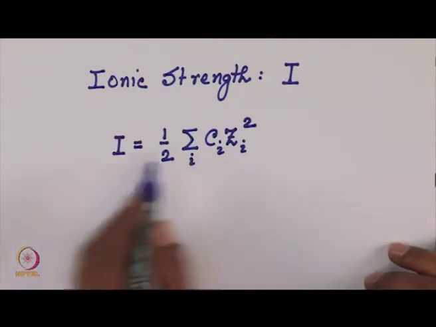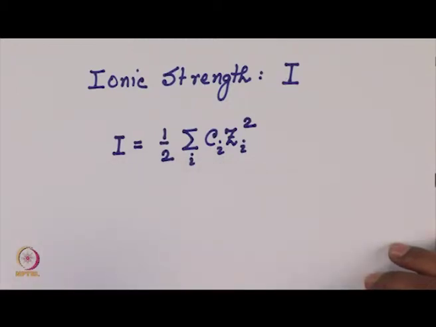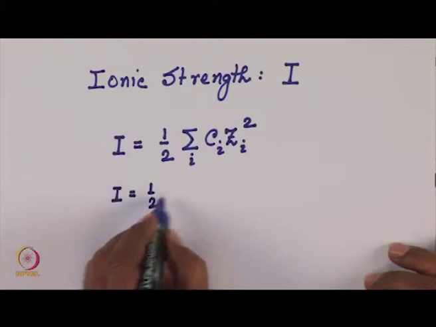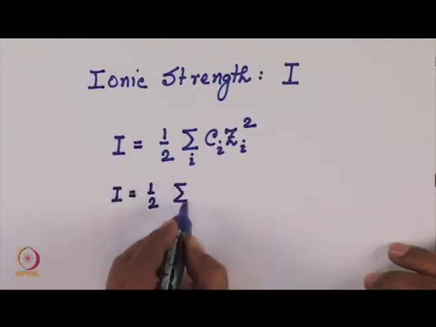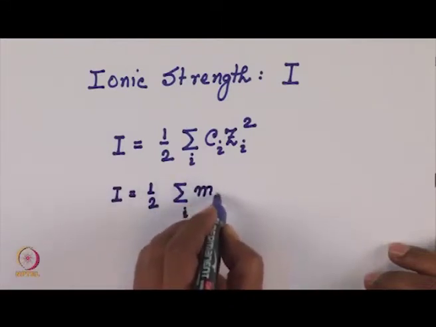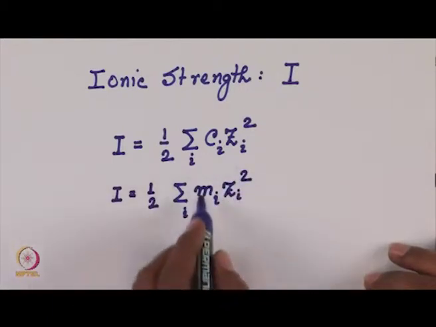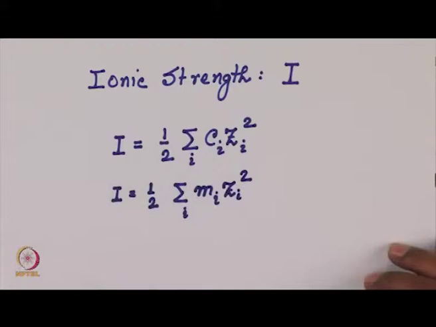And if one wants to express in terms of molality, then I can also write I is equal to half summation i Mi Zi square, where M is molality and C is concentration.